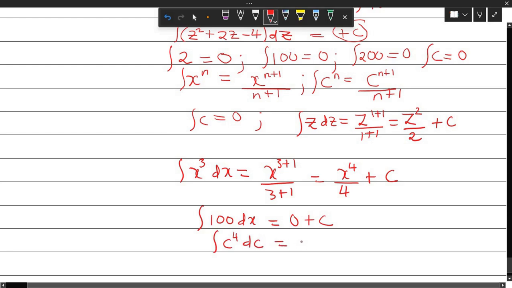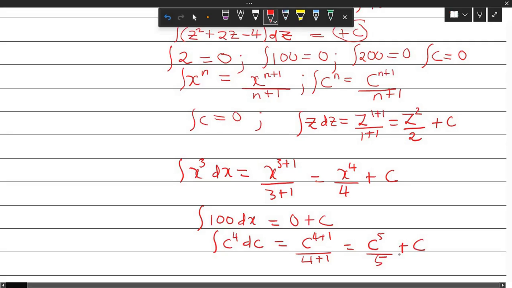Okay, so this one will be c to the power 4 plus 1 over 4 plus 1, which is equals to c to the power 5 over 5. Don't forget, you put a constant c.